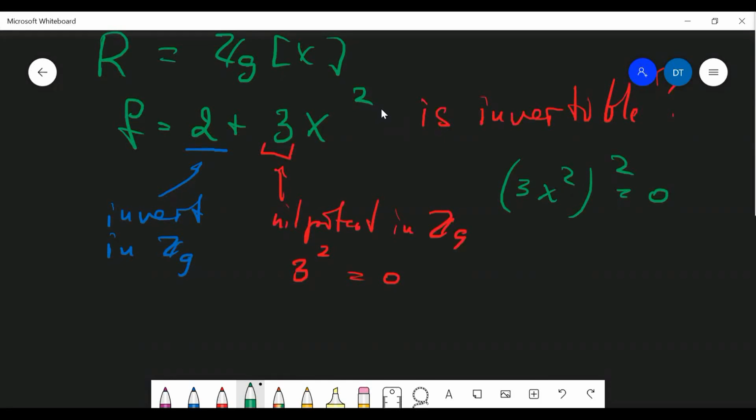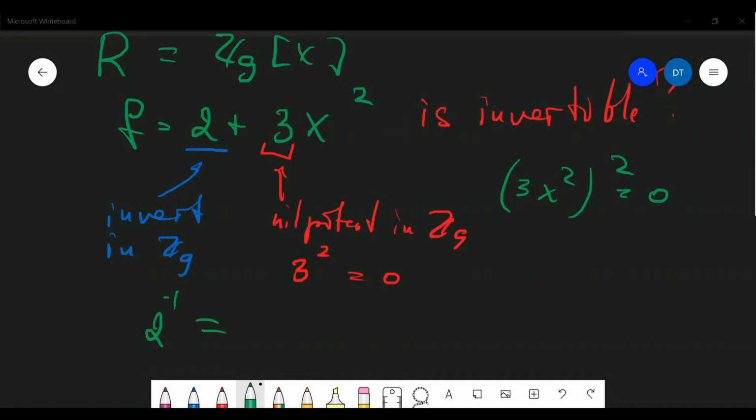Let's compute its inverse explicitly. So first of all, we want to find the inverse of 2 in Z9. What is this? Can you tell me? Okay, 5.